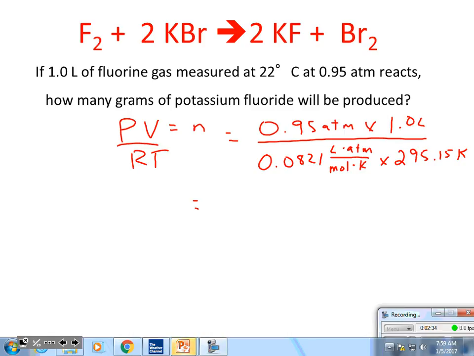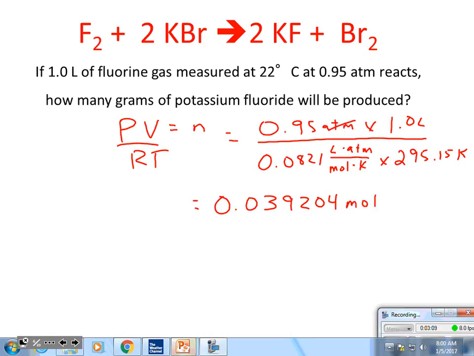As I do my math, I come up with 0.03924, and my label should be moles.